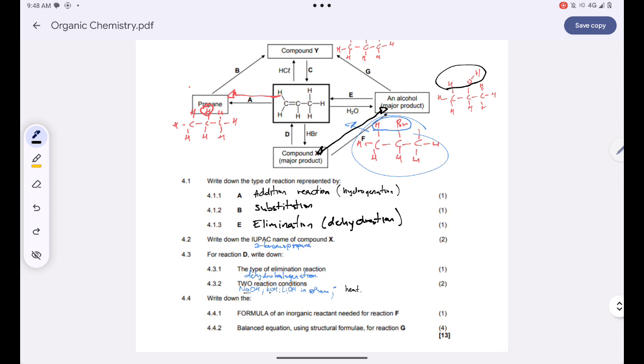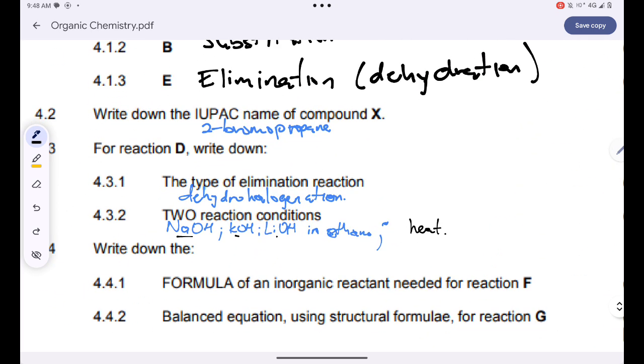Whenever I move from haloalkane to an alcohol, I will always perform hydrolysis. Are you together? I need to have a dilute strong base. It can be either one of these or one of these. And please note that, guys, they have to be dilute. Please remember that.